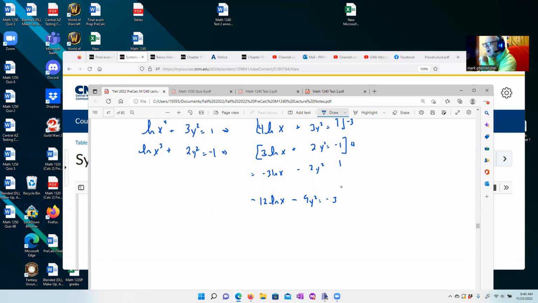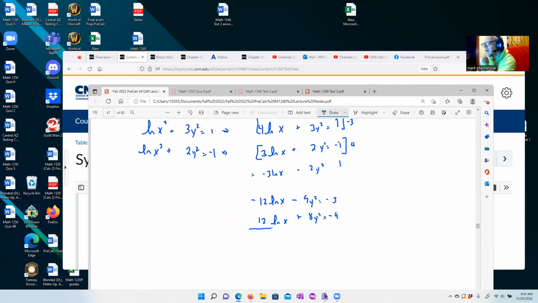And then we're going to have a positive 12 ln x, plus 4 times 2 is 8, 8y squared, is equal to negative 4, which is 4 times negative 1.